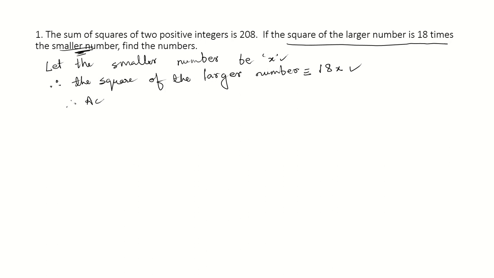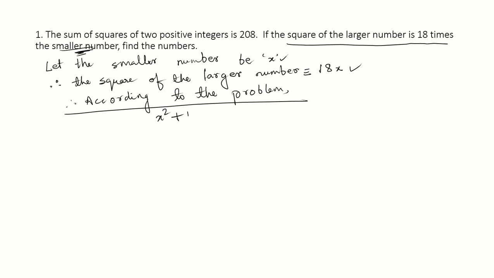Therefore, according to the problem, the first number squared, x squared, plus the other number's square, which is 18x, equals 208. We have to find the numbers, so basically we have to find the root x of this equation.